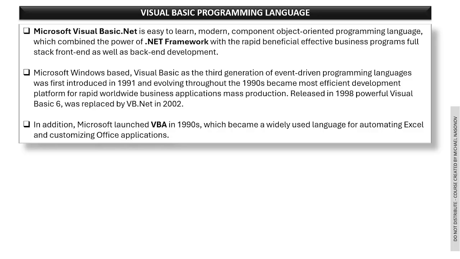Released in 1998, the powerful Visual Basic 6 was replaced with VB.NET in 2002. In addition, Microsoft launched VBA in the 90s, which became a widely used language for automating Excel and customizing other Office applications.